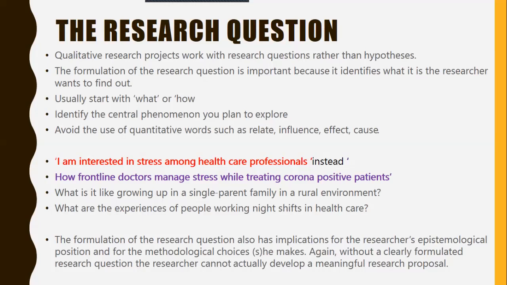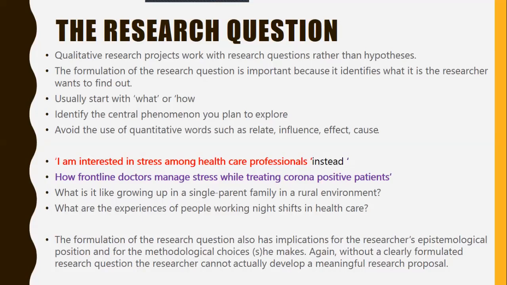Also, we should not be over ambitious while we are researching. One cannot cover every aspect of the phenomena under one study. So one has to be more focused, more goal oriented with the phenomena under investigation. So instead of forming a more generalized question, we can have a question like how frontline doctors manage stress while treating corona positive patients, for example.